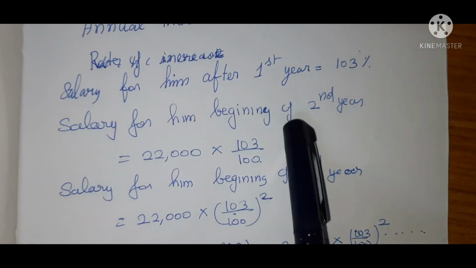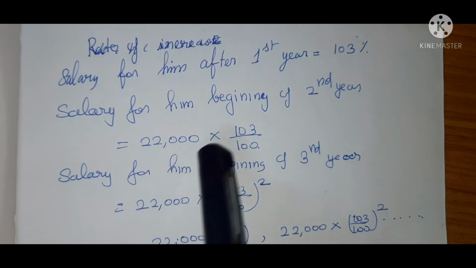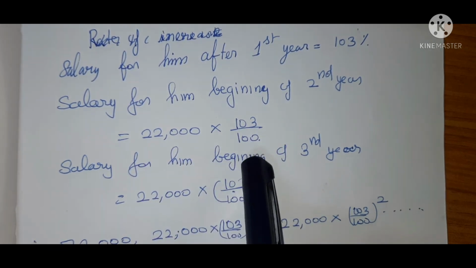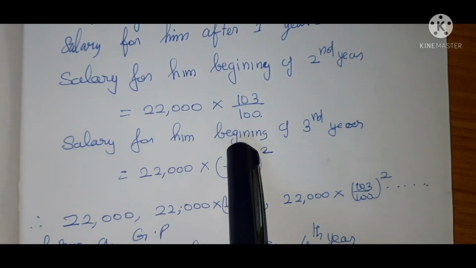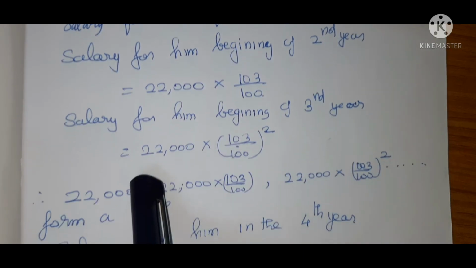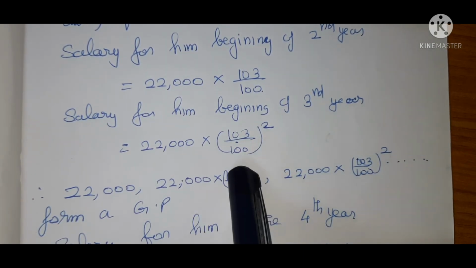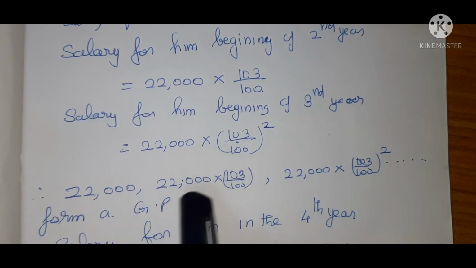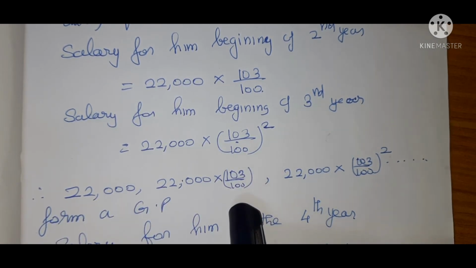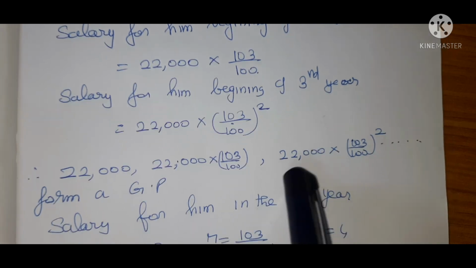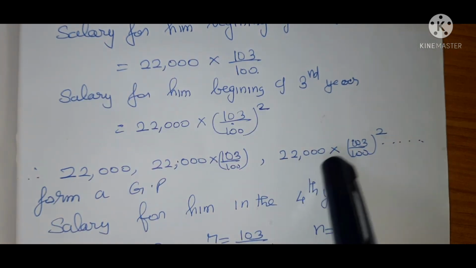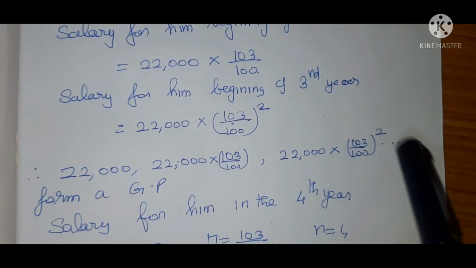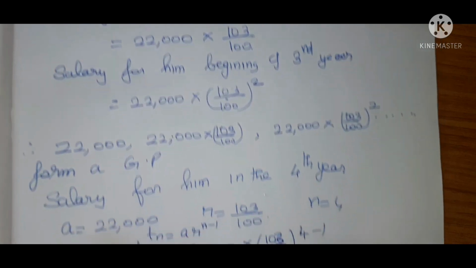Salary for him beginning of second year 22,000 into 103 by 100. Salary for him beginning of third year 22,000 into 103 by 100 to the power 2. Therefore 22,000, 22,000 into 103 by 100, 22,000 into 103 by 100 the whole square, and so on form a GP.